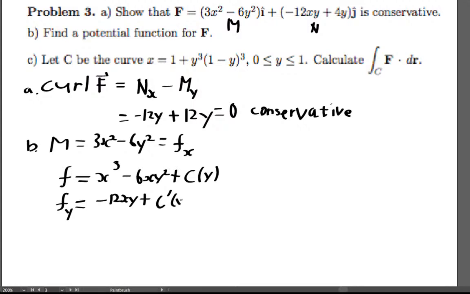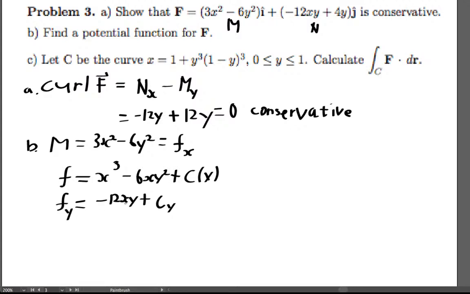It's not a real derivative, but you just take the c of y and figure out what it is, which is a very easy problem.